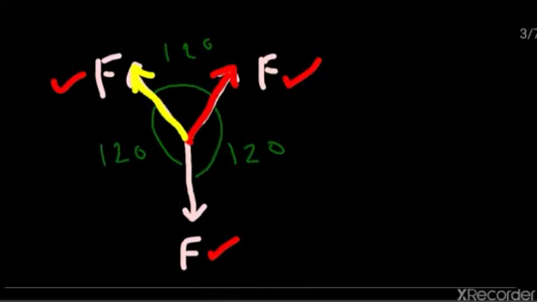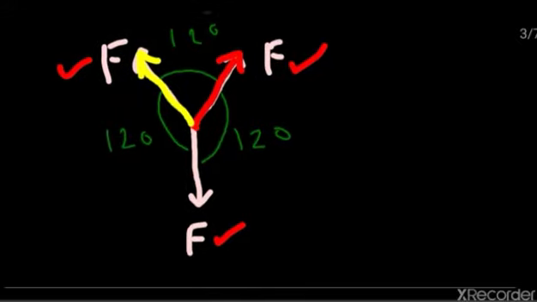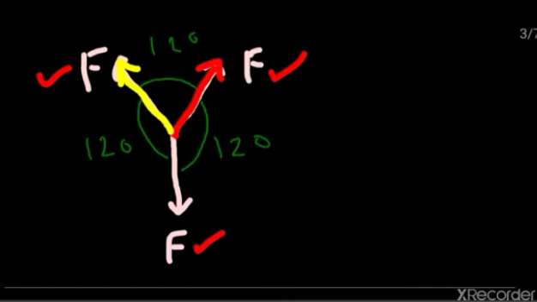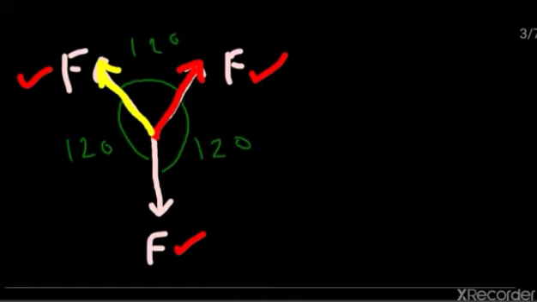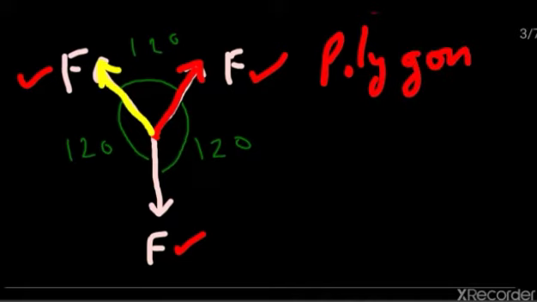There are two ways by which we can find this resultant. One is the geometrical method of finding the resultant, and the other is the mathematical or algebraic method. First I am going to show you the geometrical method, which is also known as the polygon method.